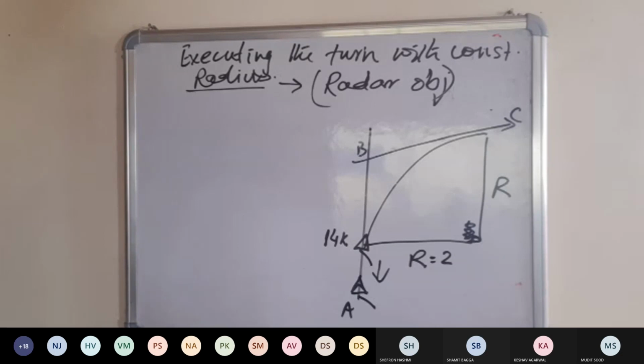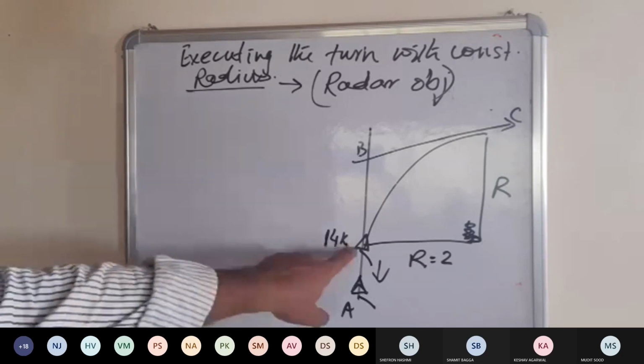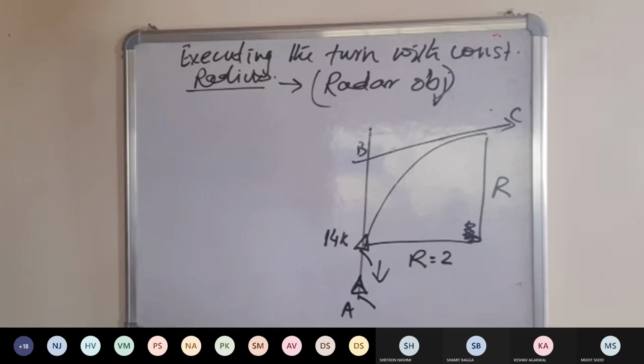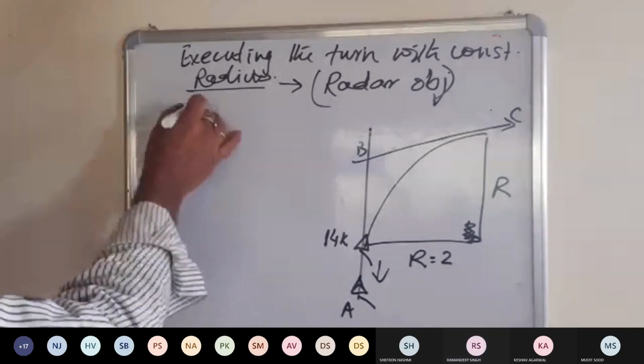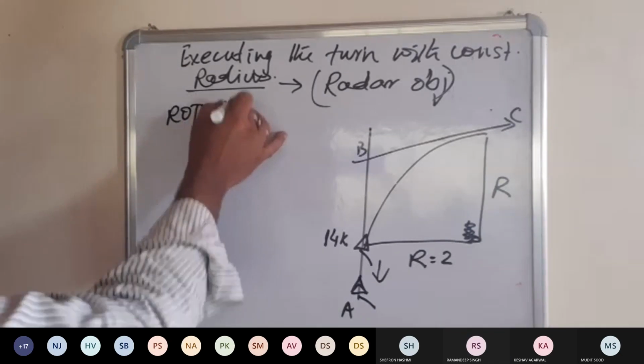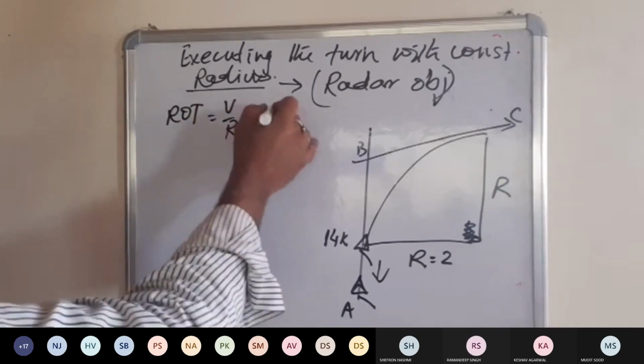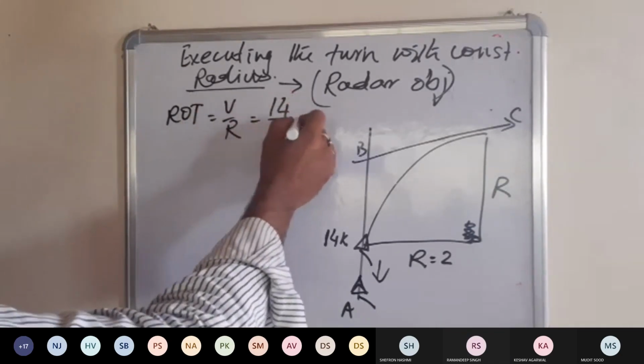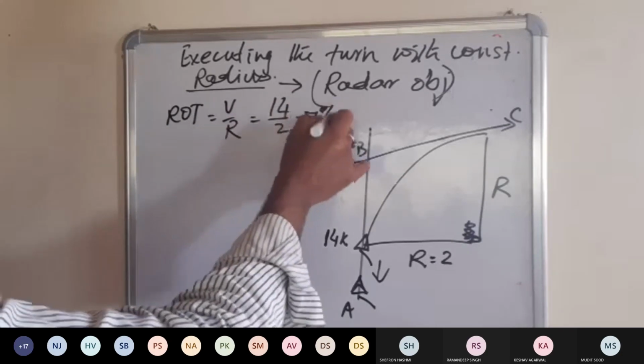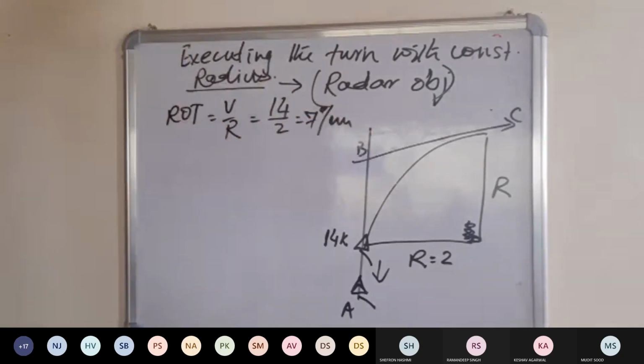What should be the ROT when I reach here? So 7 degrees per minute. Very good. ROT is equal to V by R is equal to 14 by 2 is equal to 7 degrees per minute. So this is the ROT.